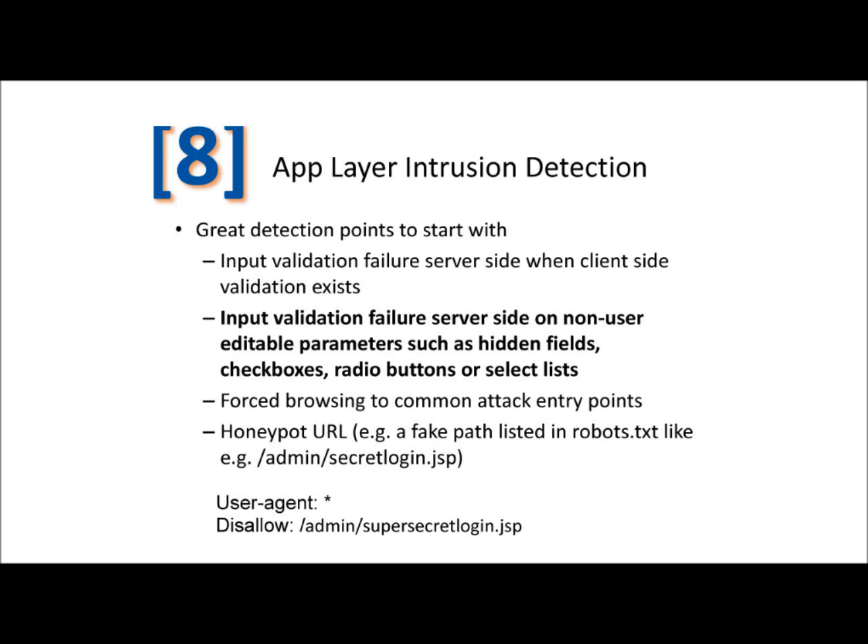Probably my favorite way to do application layer intrusion detection is to detect when immutable components are changed. Now, what I mean by that is, think of a select list. You may have a drop-down list of country codes, a list of many countries, and there's only a certain number of legal values that can be accepted. A list of the 100 legal countries in your application.